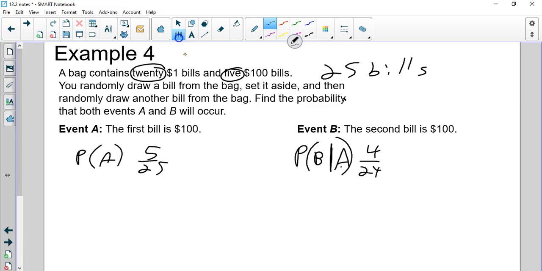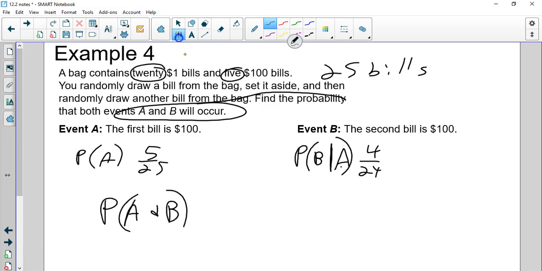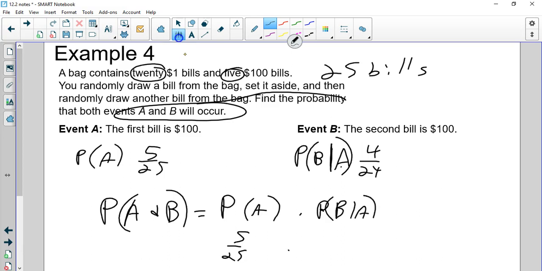Now, it says find the probability that both will occur. So that's that new formula. The probability of A and B is the probability of A, which in this case is 5 over 25, times the probability of B given A, which is 4 over 24.